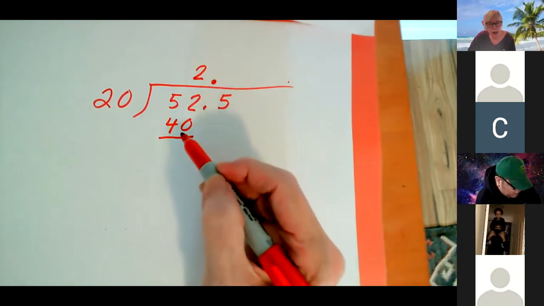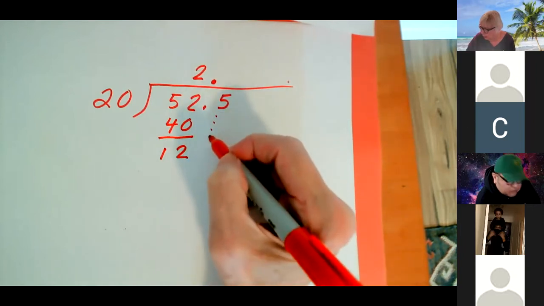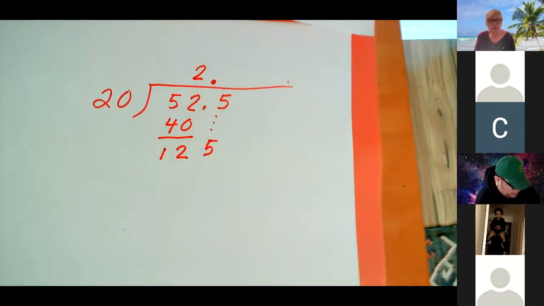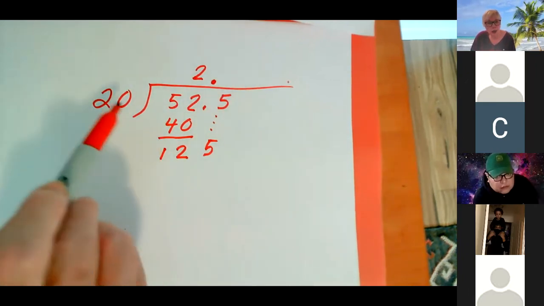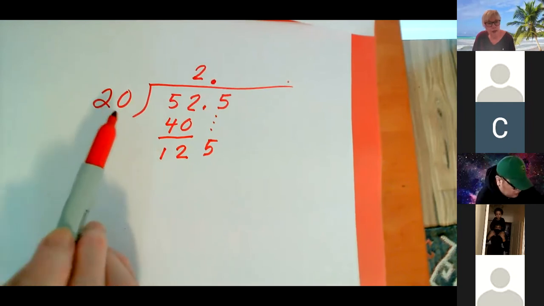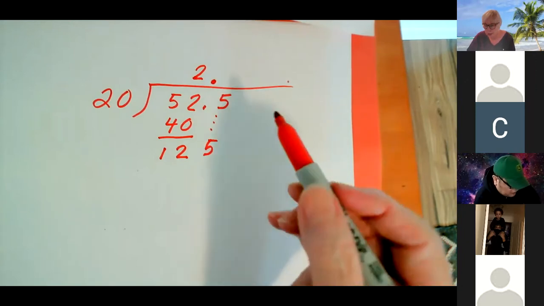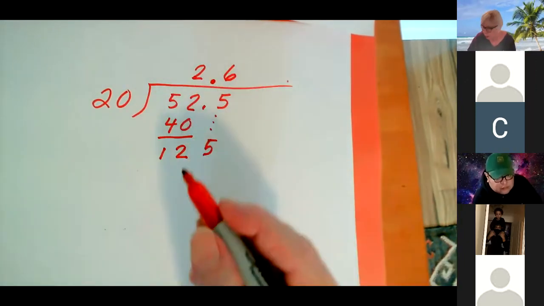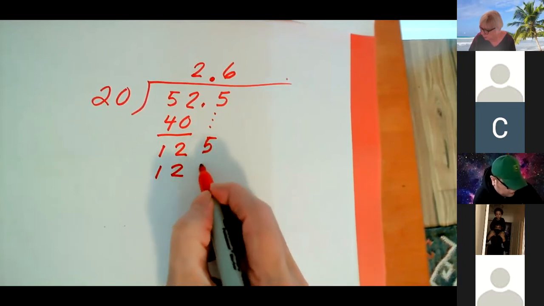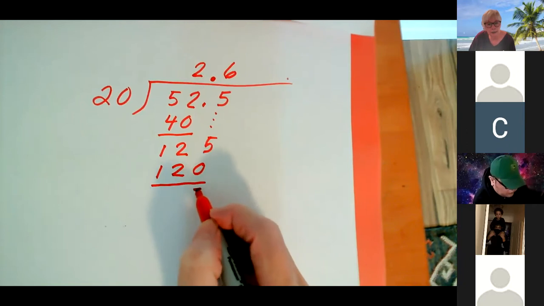We will subtract and get 12, and I will bring down the 5. Because 12 is smaller than 20, I made the right choice. So 20 into 125, 6. 6 times 20 is 120. And I'll subtract.